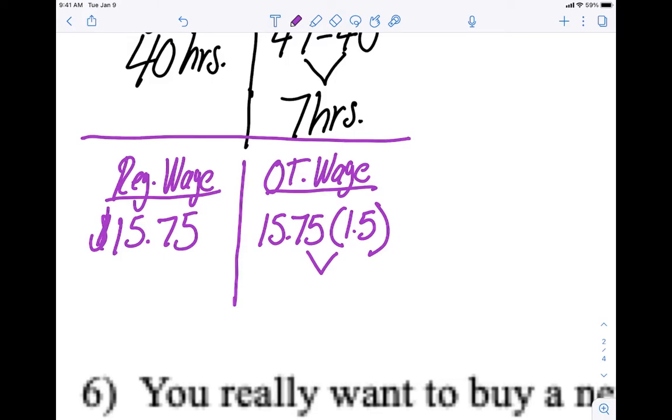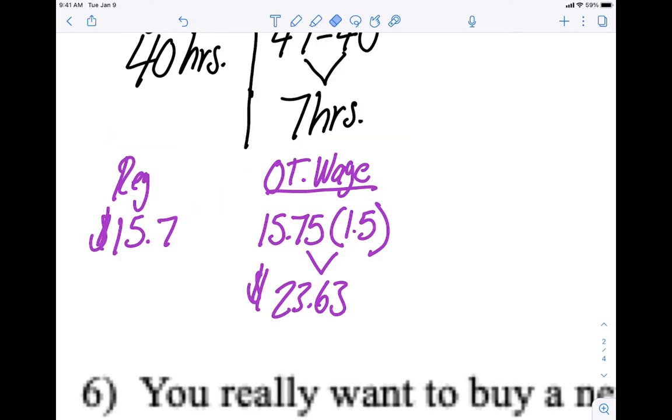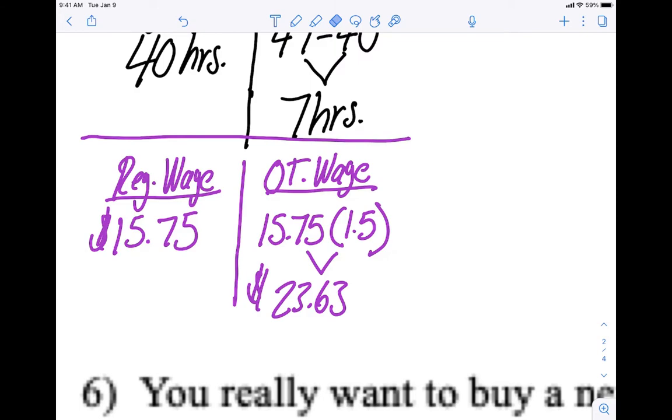So 23.63 is your overtime rate. Why am I writing wage? Oh my gosh, never mind. This is rate, by the way. Rate. That would have been a mess.